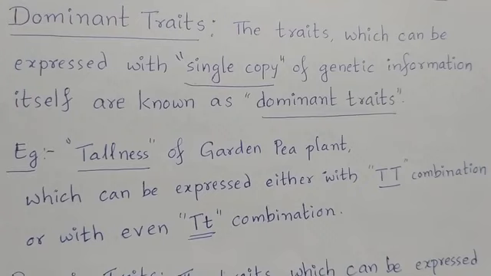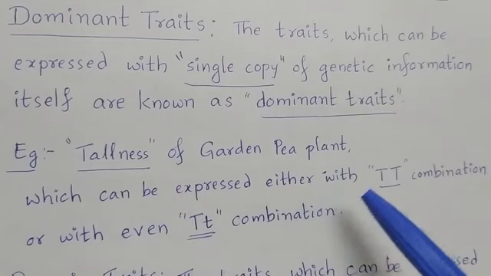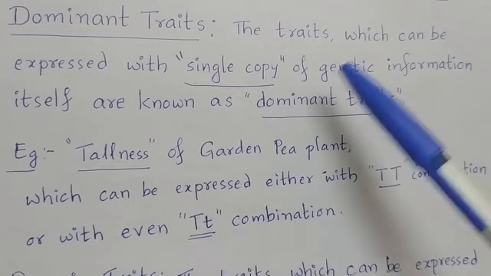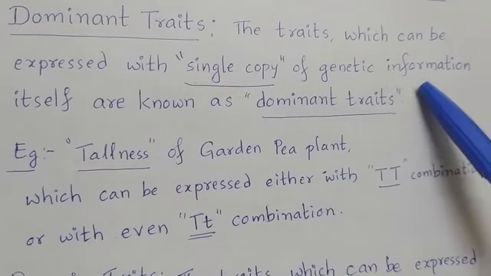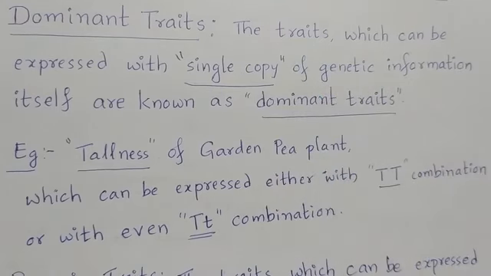Because here in the capital T small t combination, only the capital T copy provides the genetic information for the tallness trait. The small t copy provides the genetic information for the shortness trait. But still, in this combination, even though only a single copy of genetic information is there for the tallness trait, it is expressed. Such a trait is known as a dominant trait.